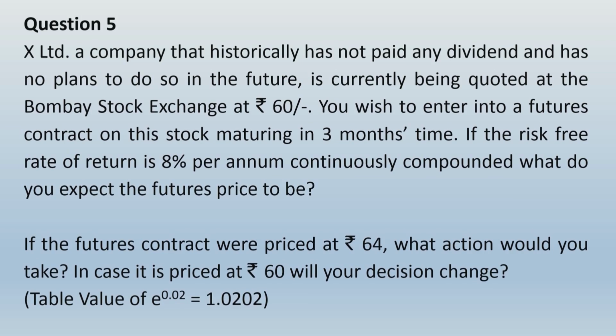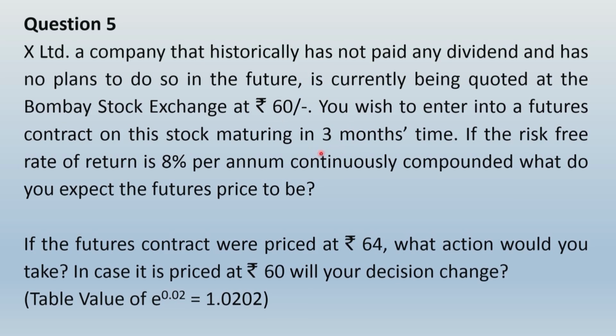If the futures contract were priced at rupees 64, what action would you take? In case it is priced at rupees 60, will your decision change? And the table value of e raised to 0.02 is given to you in the question as 1.0202.